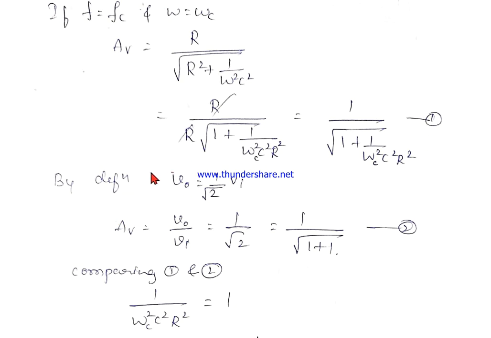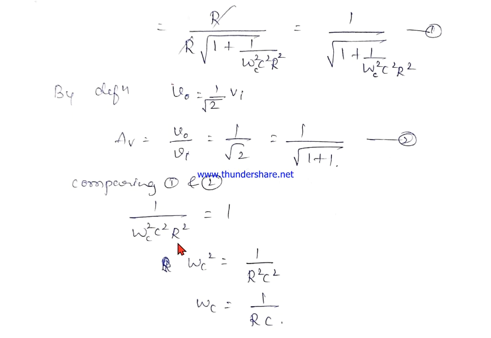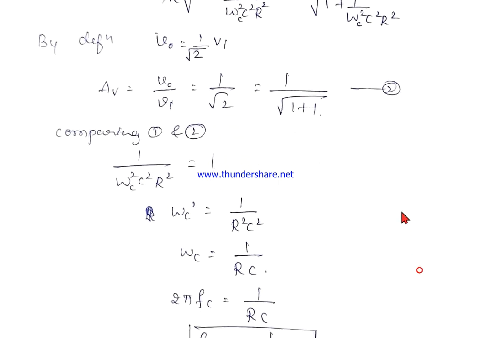By the definition of cutoff frequency, where output voltage is equal to 1 over root 2 times the input voltage, V0 divided by Vi is equal to 1 over root 2. Call that equation 2. So comparing equations 1 and 2, we get (1 over omega c C R) whole square is equal to 1.